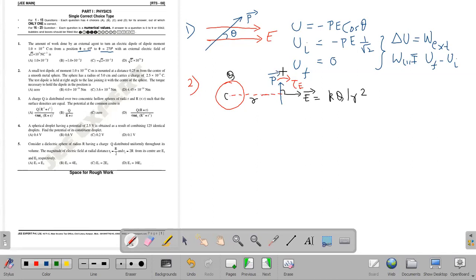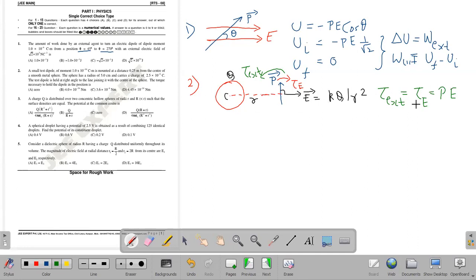And therefore we need some external torque opposite to the torque by this electric field to hold it. So our external torque which is required to hold the dipole in this position should be equal to the torque which is given by the electric field, and the torque on a dipole in a uniform electric field, especially when the dipole and electric field are perpendicular, is given by dipole moment multiplied by electric field.